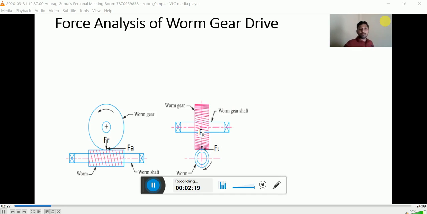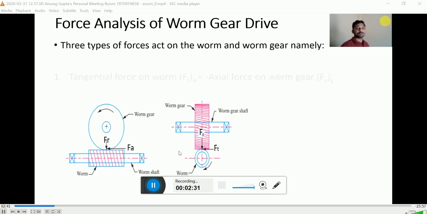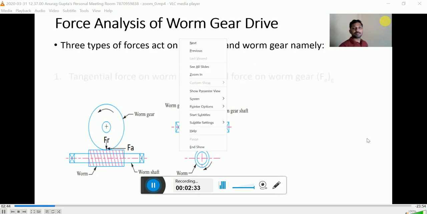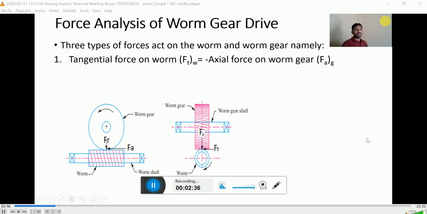So if we consider the relationship between axial force on the worm and the tangential force on the gear, we will have the relationship like this. The tangential force on the worm is equal to axial force on the gear.